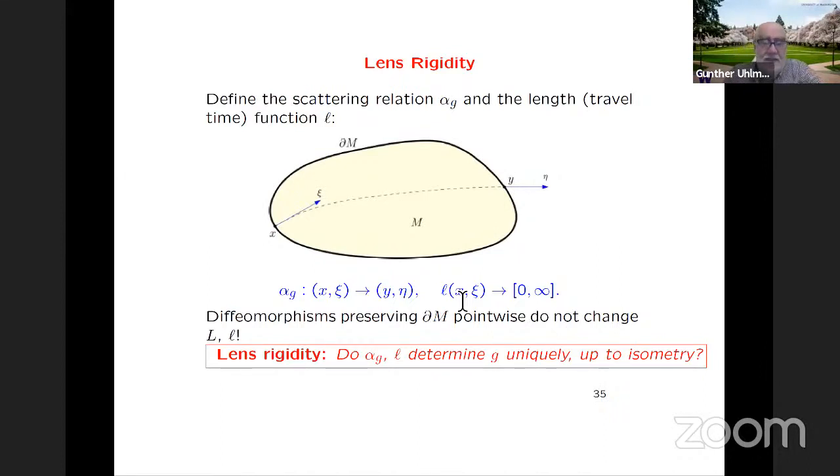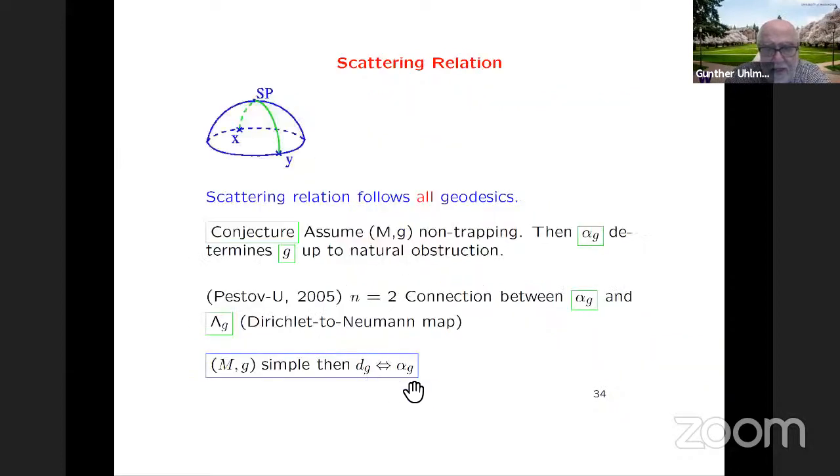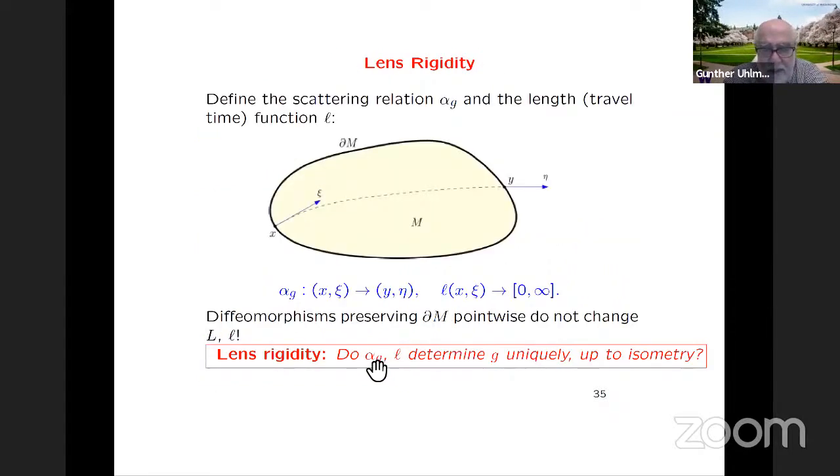So this is the distance function. The length relation is the same as knowing the distance function if the manifold is simple. So the length rigidity question is, do the scattering relation and the distance function determine the metric uniquely up to this change of variables that is identity at the boundary, up to the natural obstruction? So we'll tell you some new results in this direction.